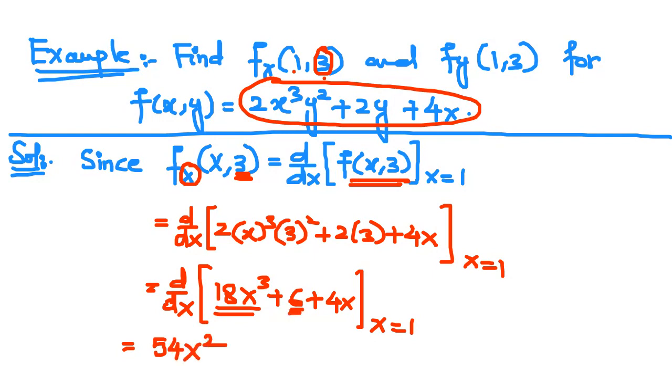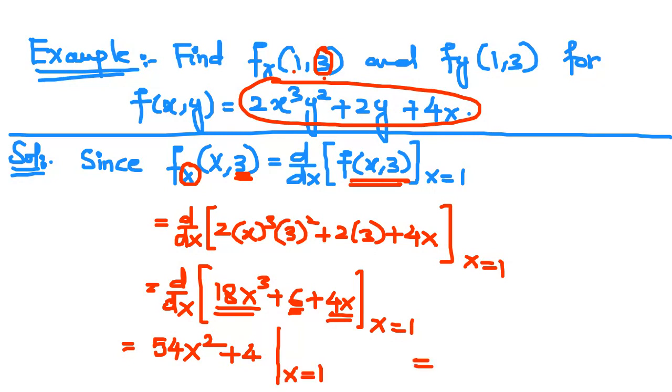What is the derivative of 6? 0. What is the derivative of 4x? 4. Yeah, 4. And now you have to put x is equal to 1.